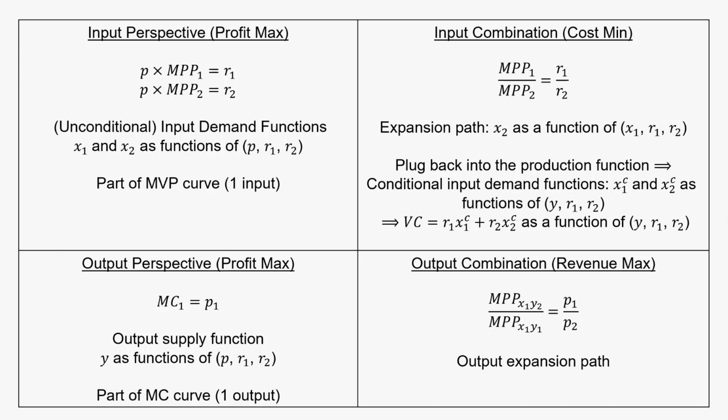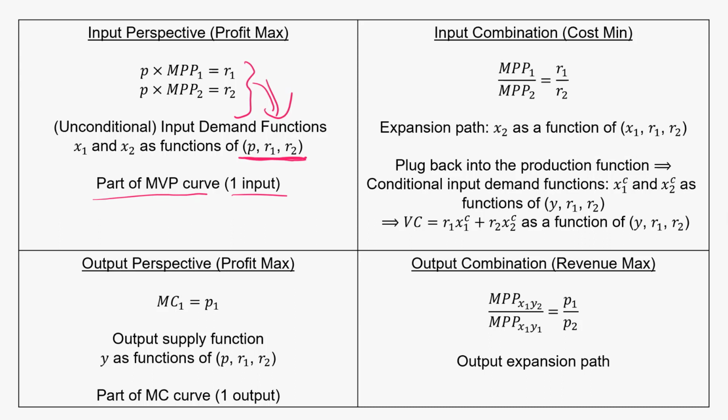As we mentioned, one of the key assumptions is that the firm is profit maximizing, and if that's the case, the input demand function is derived from those conditions. You have to remember that your x1 and x2 are functions of P, R1, and R2. And when there's only one input, it's part of the MVP curve.